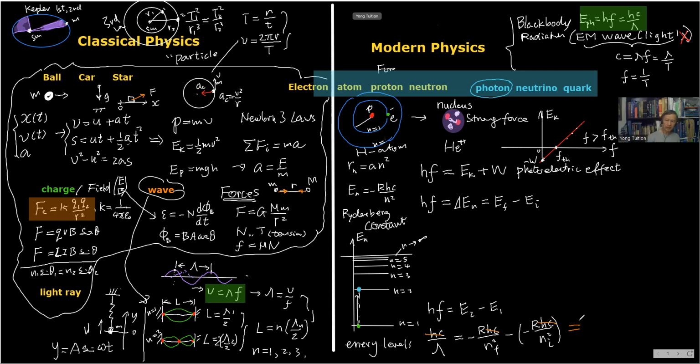From this formula, we can obtain 1 over lambda equal to R, the Rydberg constant, divided by n_f squared, take n_i squared, and you factorize. That's called Rydberg's formula.